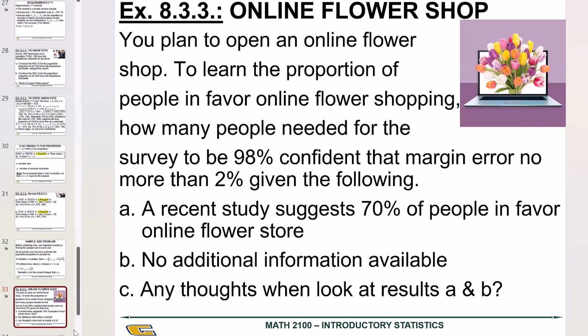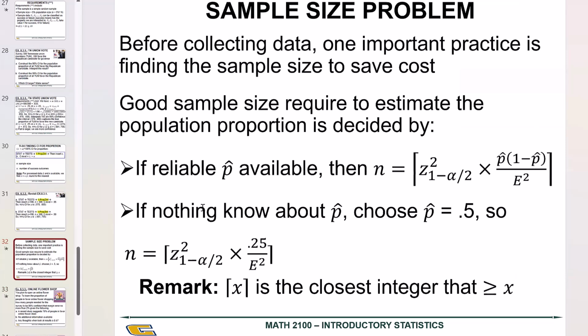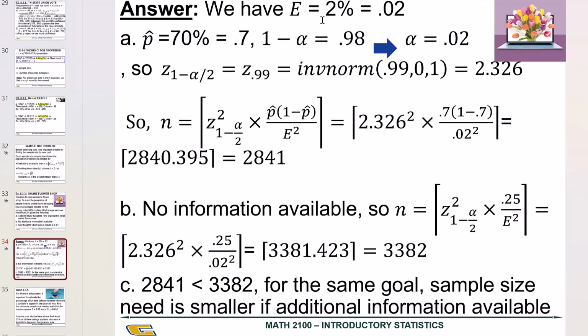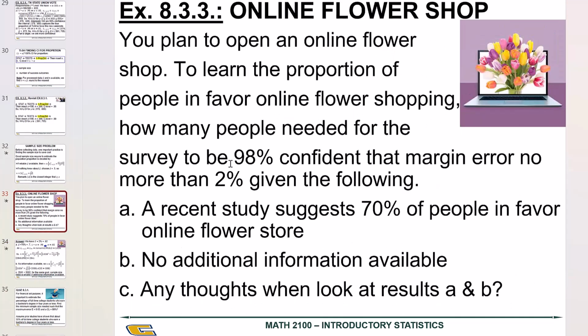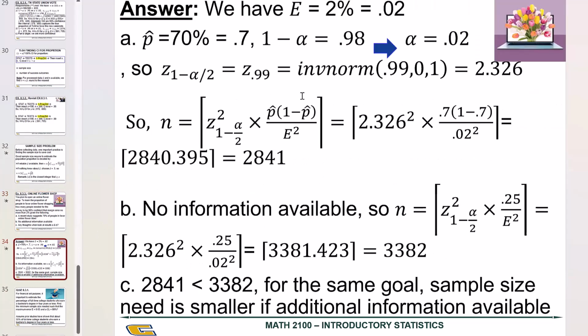So in A, when you have a reliable p-hat available to you, you follow the first track here: n equals z sub 1 minus alpha over 2, squared, times this. So here the error at most is 0.02, the p-hat available is 0.7, and you want to be 98% confident about your estimation. So alpha is 0.02, and the critical value here is 2.326.